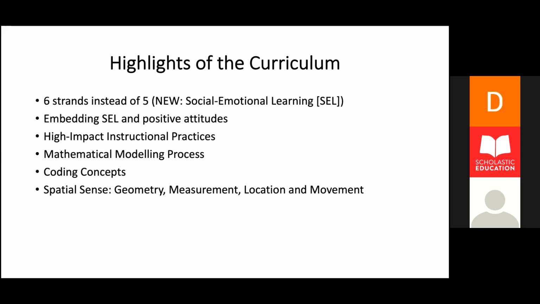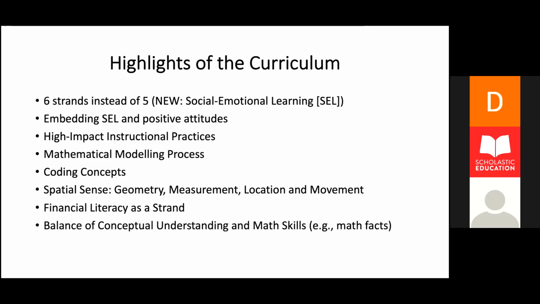Spatial sense is probably the most changed of all of the strands, so I want to explain that. I also want to talk about financial literacy as a strand because that is brand new. And also this whole idea of balancing conceptual understanding and math skills. And if we have time, any other changes that we see within the strands.